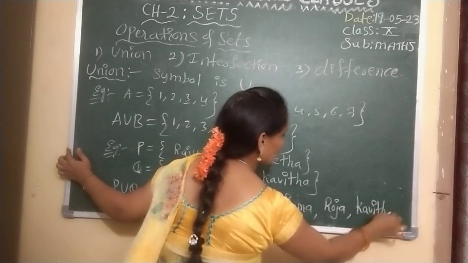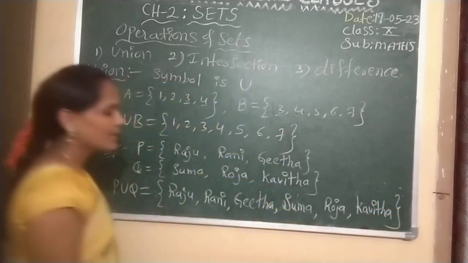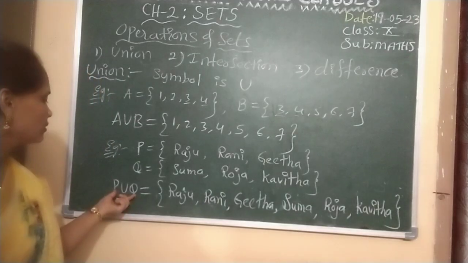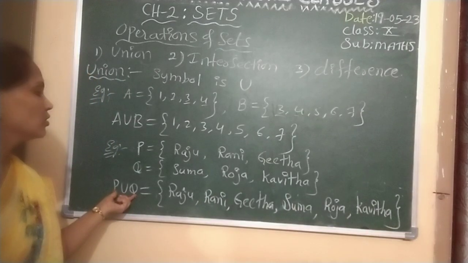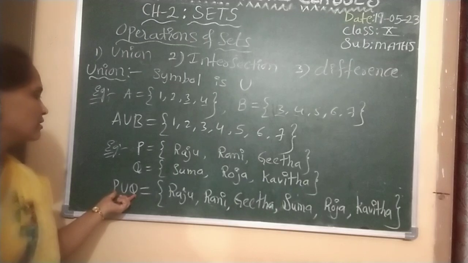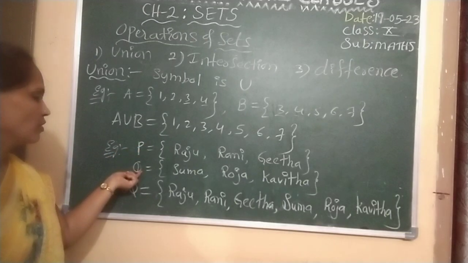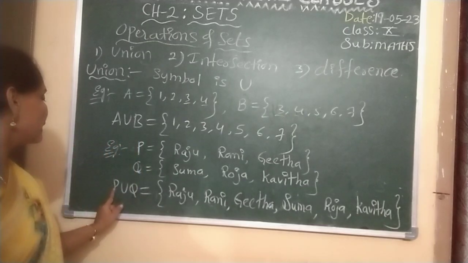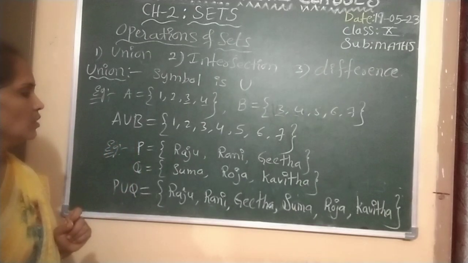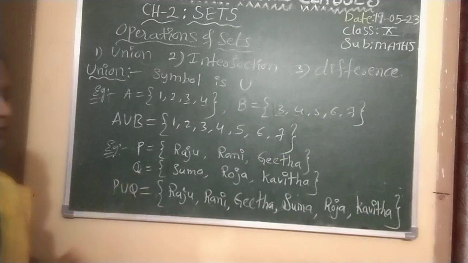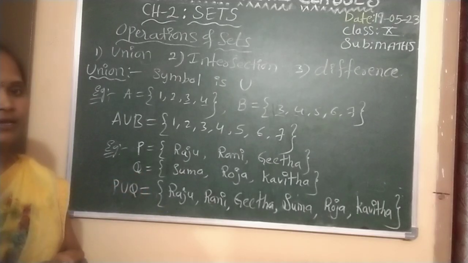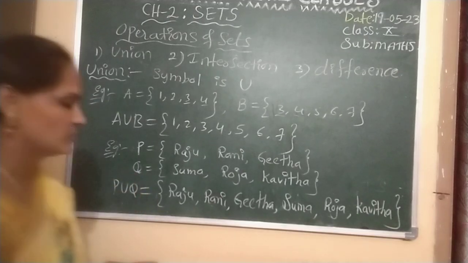These names combined together give P union Q. Why? Because I have taken the sets P and Q, not A and B. I hope you understand by using these examples. This is the union operation on sets.